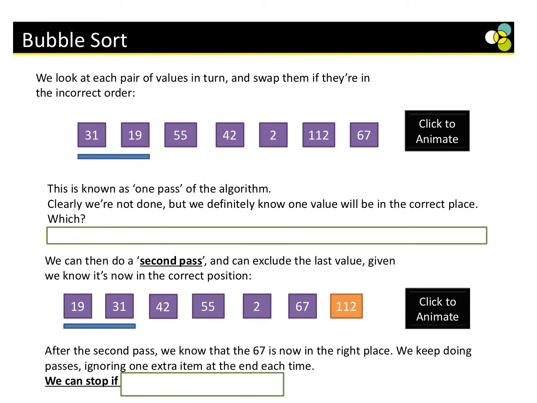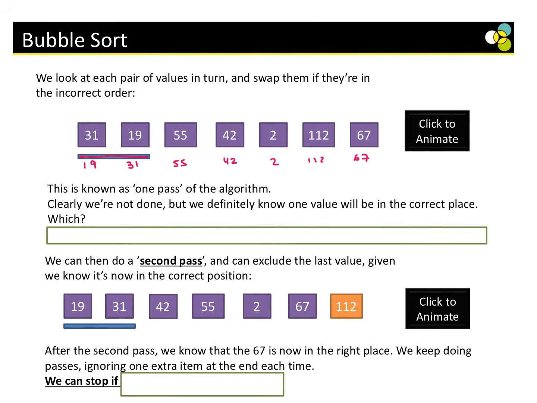what we're going to do is look at 19 and 31. If they need swapping, we'd swap them. Now, 19 is less than 31, so essentially it then looked like this: 19, 31, and then 55, 42, 2, 112 and 67. We've looked at the first two.